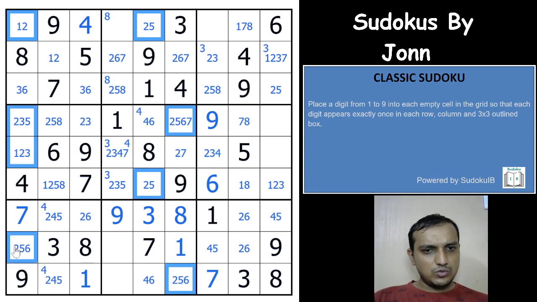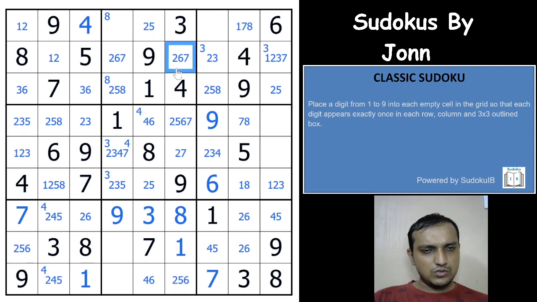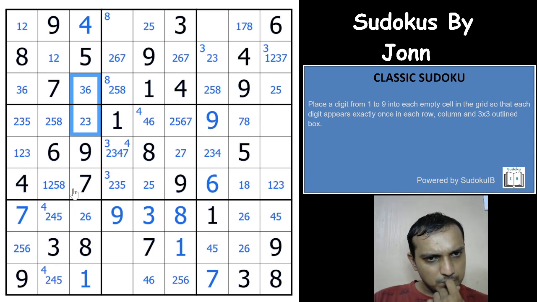Okay, 2s are so many at so many places, right? This is also 2. No, something with the 2 6 2 3 and 3 6s in the same box, but that cannot be possible, right?